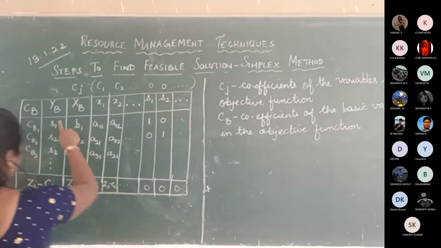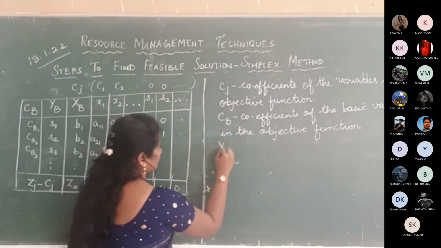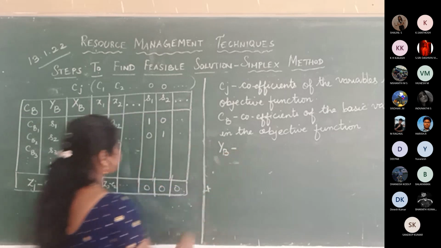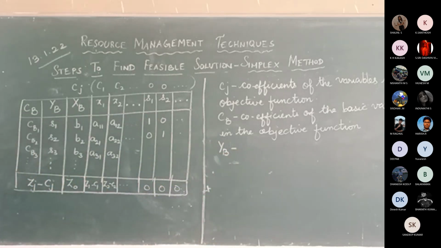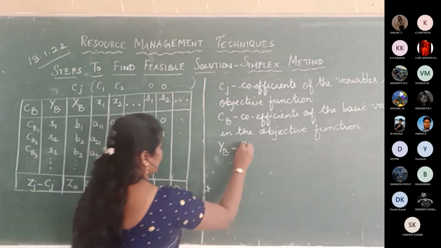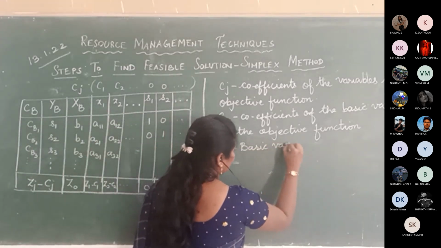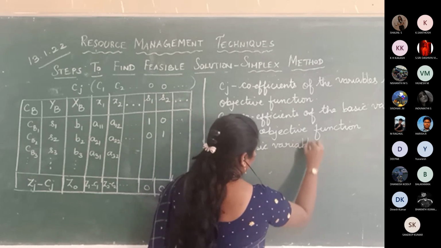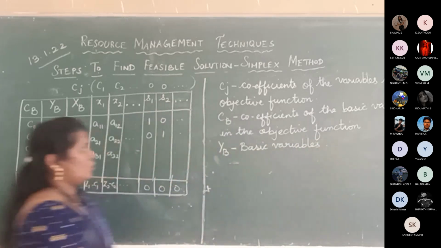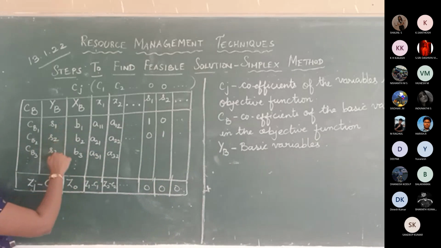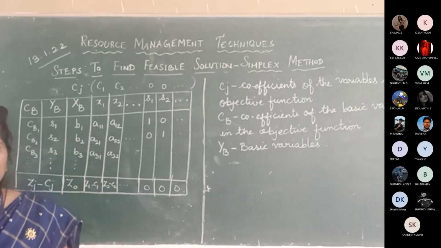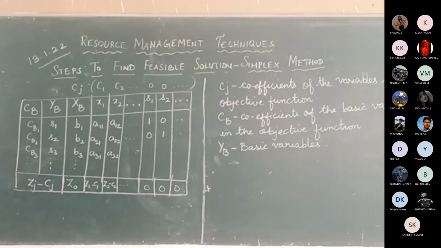Your YB denotes the basic variables. So how many basic variables are there in your question? That will be your YB. YB is your basic variables.